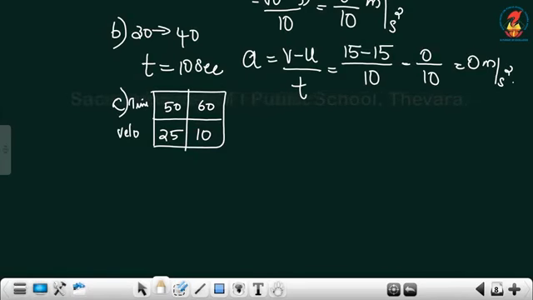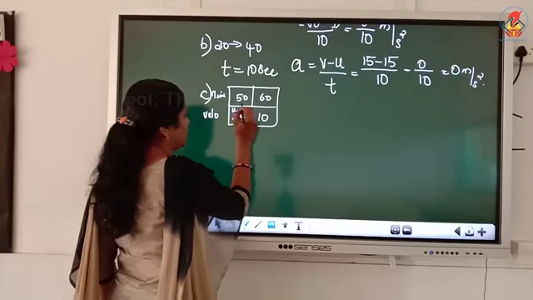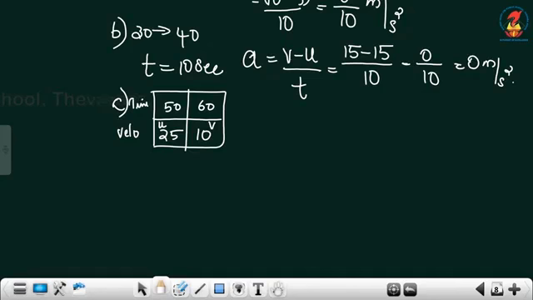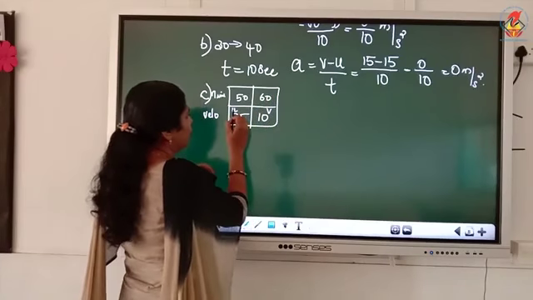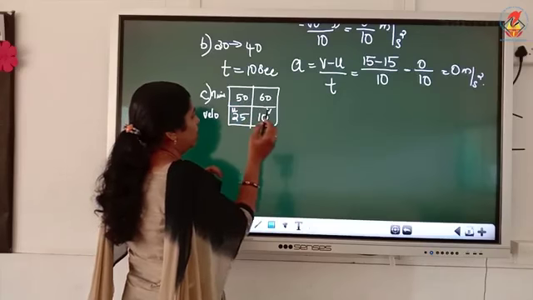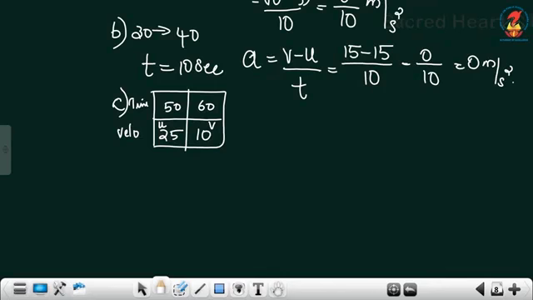Now, which is the final velocity and which one is the initial velocity? If you consider only this time interval, u is the initial velocity, that is 25, and v is the final velocity, that is 10.